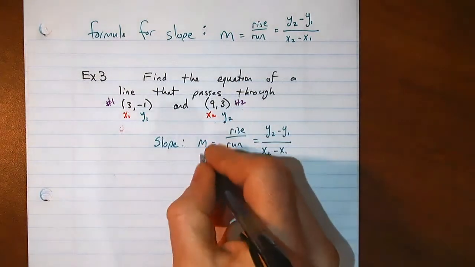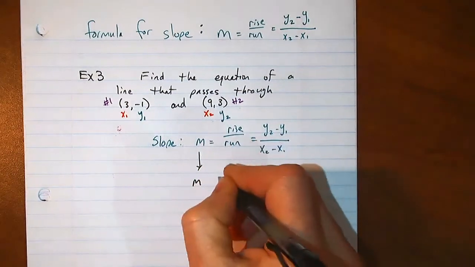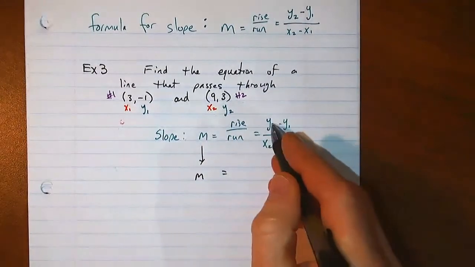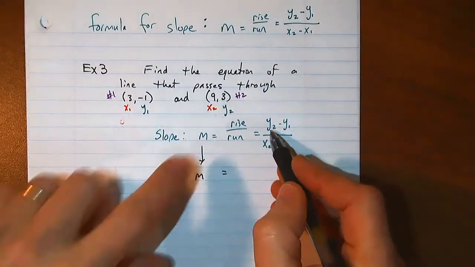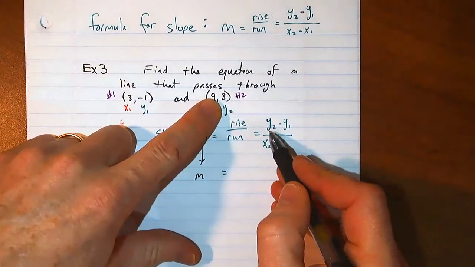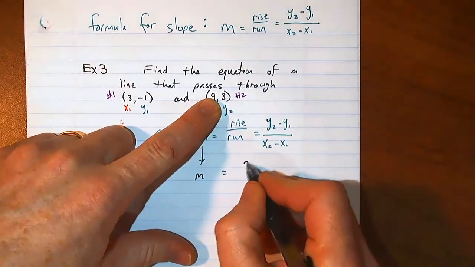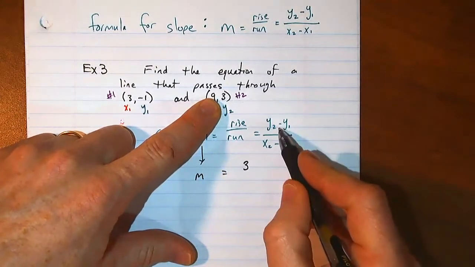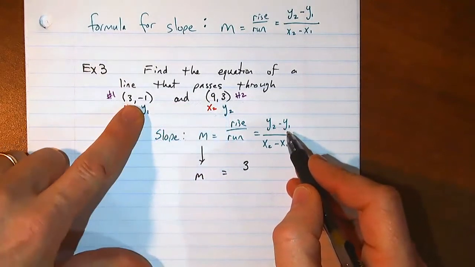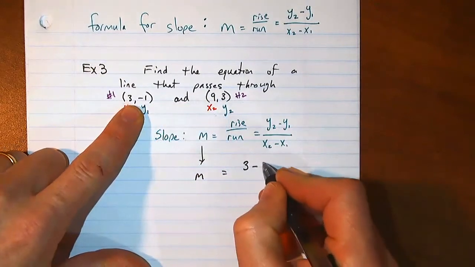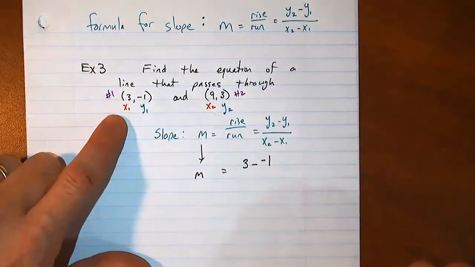So for my slope, I'm going to get rise over run. I'm not going to write that again. I'm just going to jump right to my equation. y2 is 3. So in the top, in the first spot, I'm going to have a 3 minus y1. y1 is -1. So minus -1. There's my top.